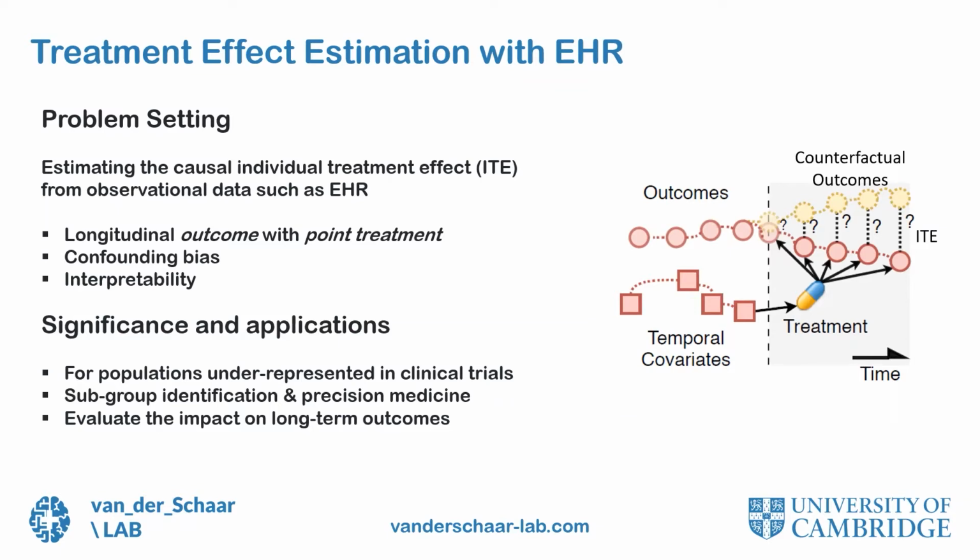And this can lead to personalized treatment decisions and precision medicine. Last but not least, the observational data set contains longer-term outcomes, both positive ones and adverse ones. However, clinical trials are often done in a shorter time span and are inadequate to fully measure the long-term outcomes.